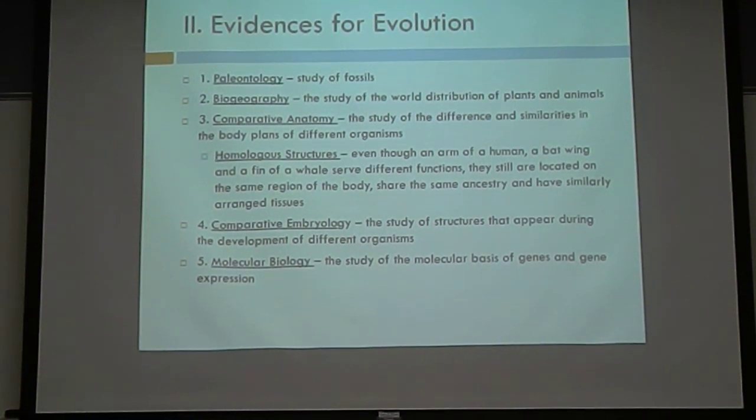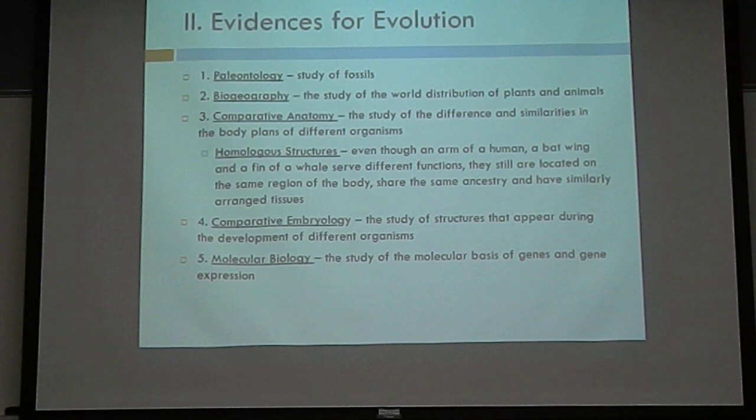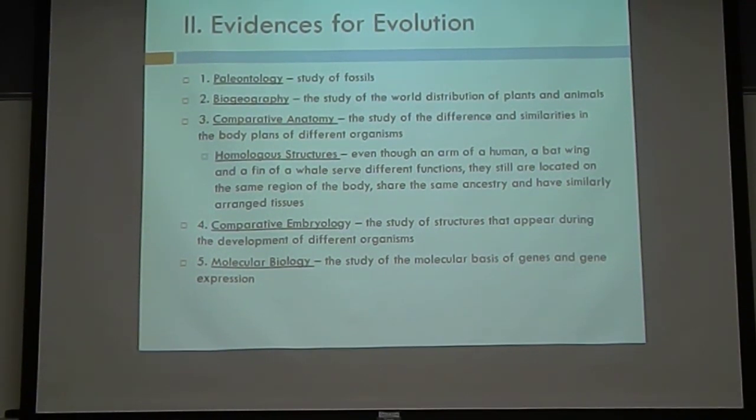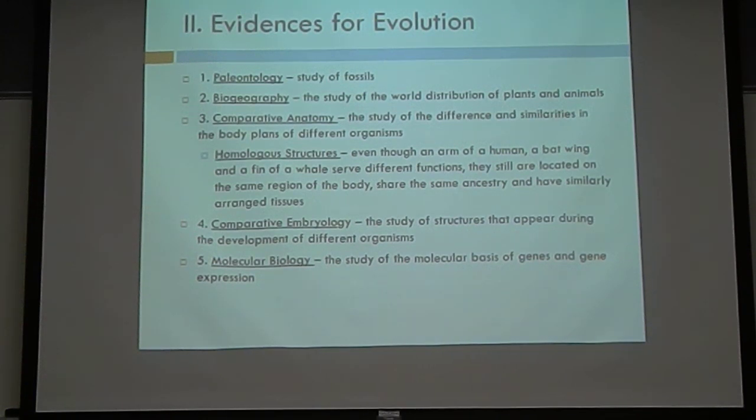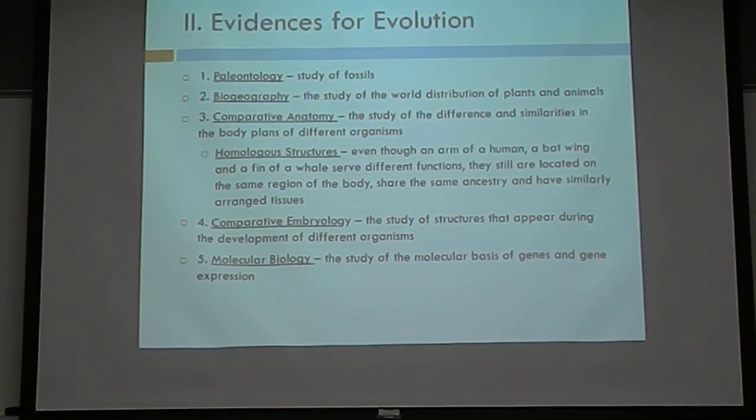If you look at the bone structure of an arm of a human, a bat wing, and a fluke or fin of a whale, you can see the same bone structure in each of those organisms. But we don't use our arm the way a bat uses its wing, and the bat doesn't use the wing like the whale uses its fin or fluke.